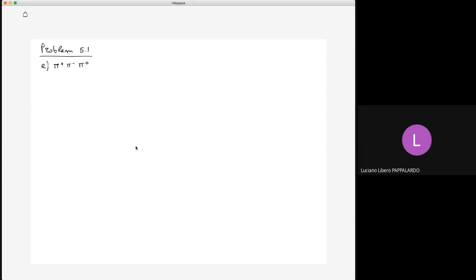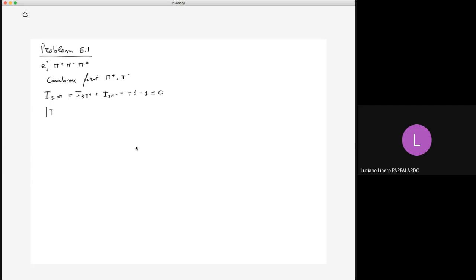So let's first combine the pi plus and the pi minus. The third component for this 2 pion system is the third component of the pi plus plus the third component of the pi minus, that is plus 1 minus 1 equals 0.